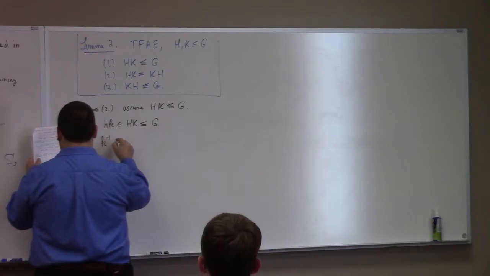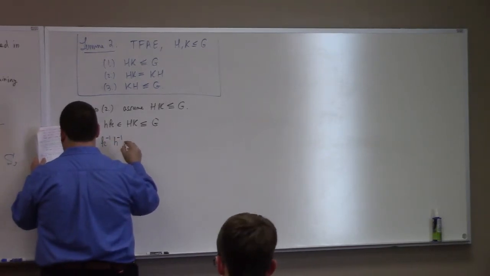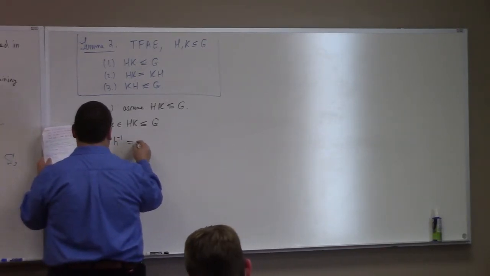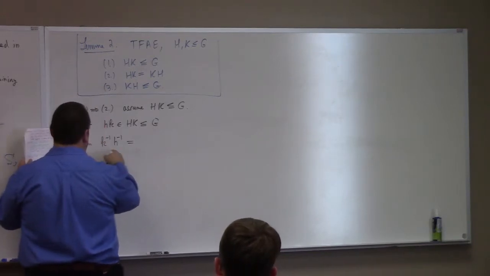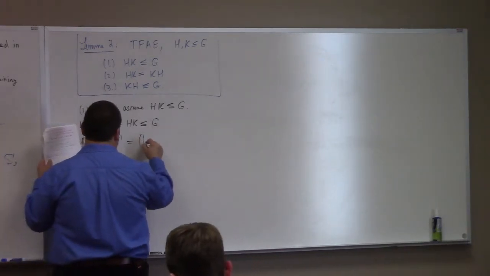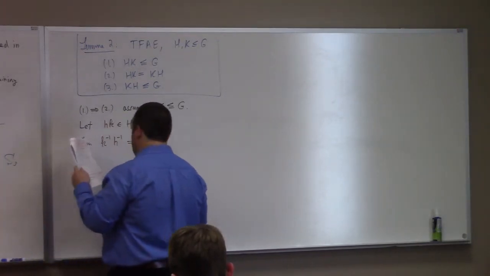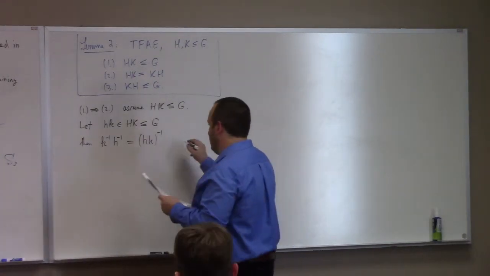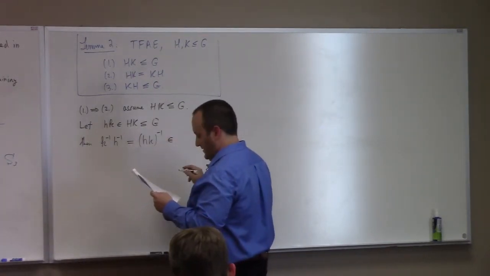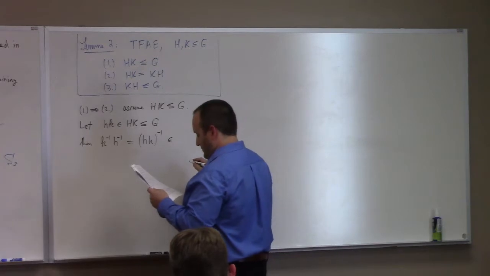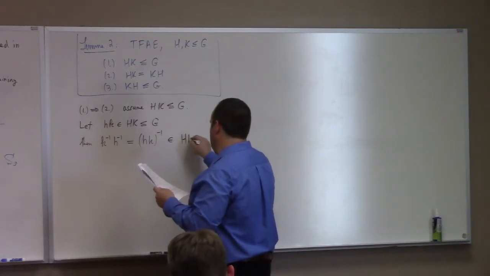What's confused me is I've tried to do the opposite order as what I wrote in the notes. Then k inverse h inverse is equal to what? It's equal to (hk) inverse, right? Which is an element of HK.